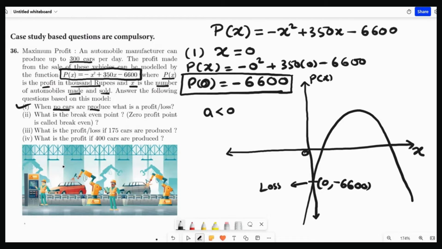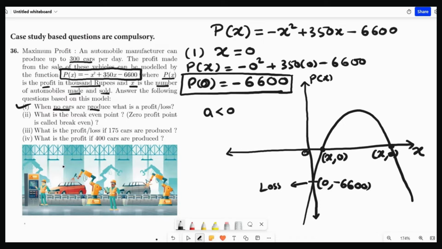Then you see on the x-axis there are two zeros of this graph. On the x-axis, the first one is (x1, 0), another is some (x2, 0). So there are two values of x where we can get a profit value P(x).